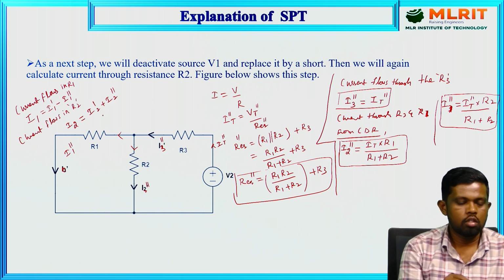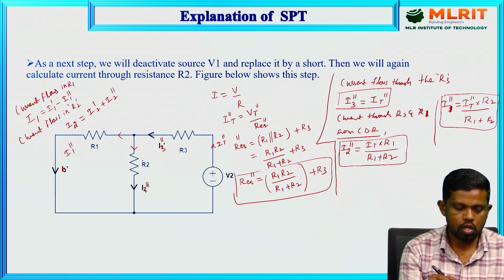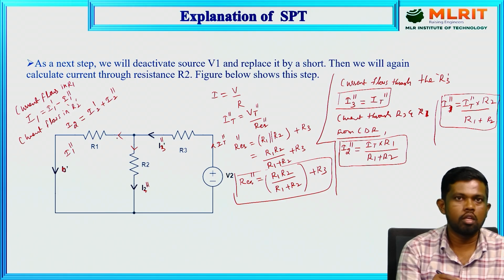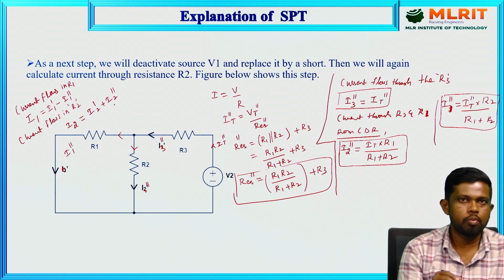The I2 dash value comes from source 1, top to bottom, and I2 double dash comes from source 2, also top to bottom, so both are added. So the resultant current through the R2 resistor is a combination of the source 1 response and the source 2 response, that is I2 dash plus I2 double dash.